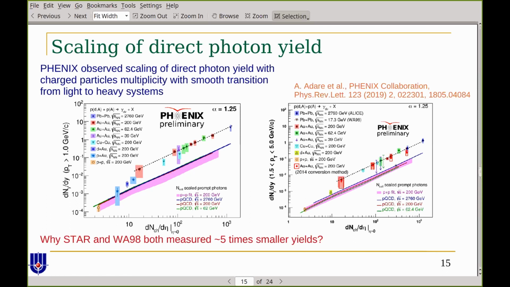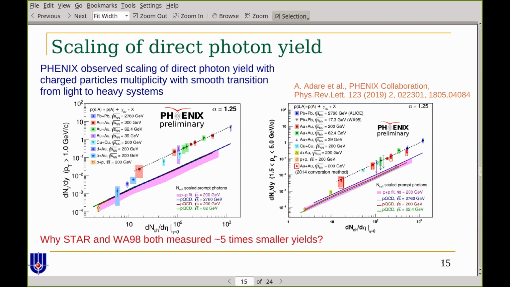But the caveat of this measurement is that if we include in this comparison two other experiments, that is the WA98 points, which are hardly seen in the right part, and a point of the STAR experiment, which is not shown in this plot but which predicts a direct photon yield 5 times more than measured by PHENIX, we find a breaking of this scaling.